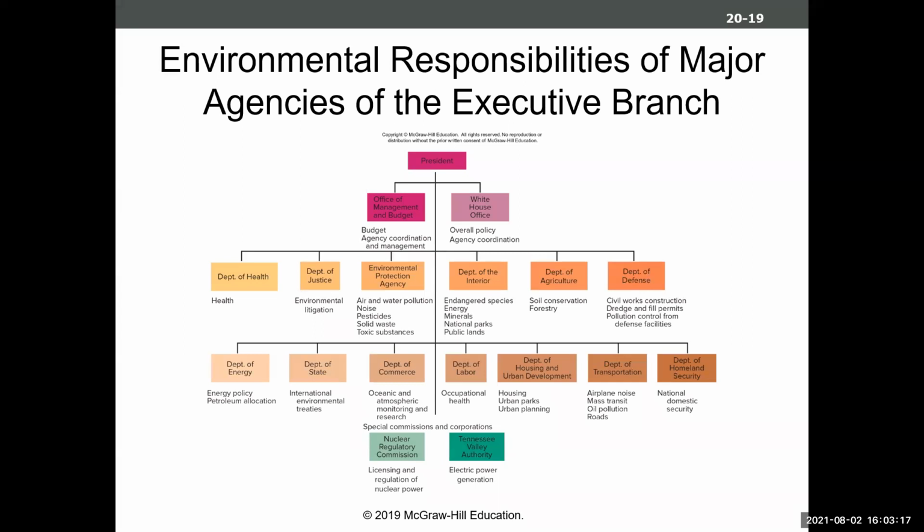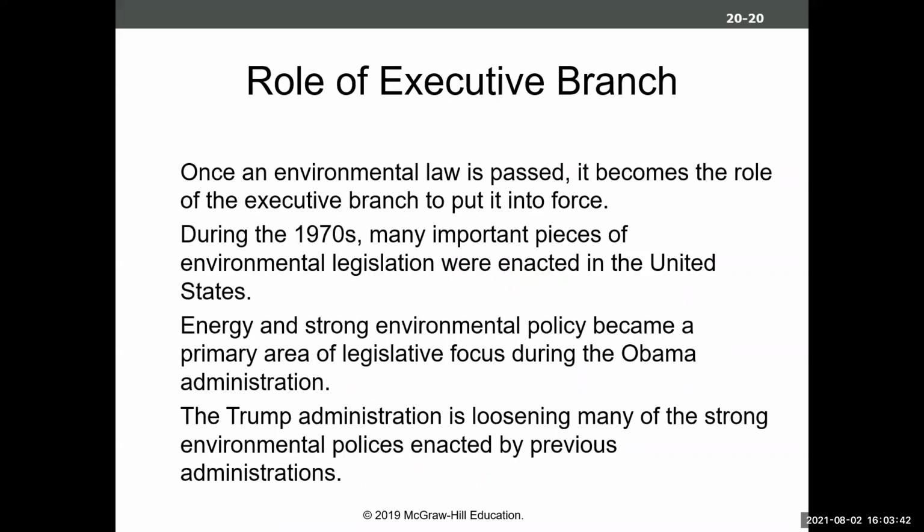The Department of Interior is looking at endangered species, energy, national parks. The Department of Justice handles environmental litigation. The Department of Defense handles pollution control and civil works construction. They all have their own roles in making sure that the legislative portion is enforced.